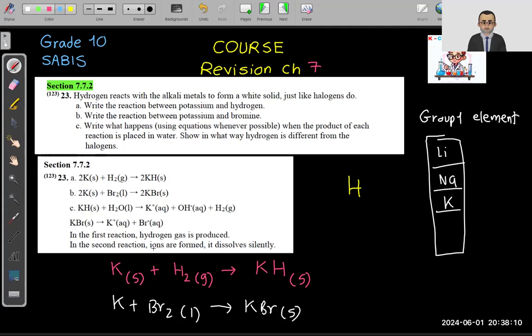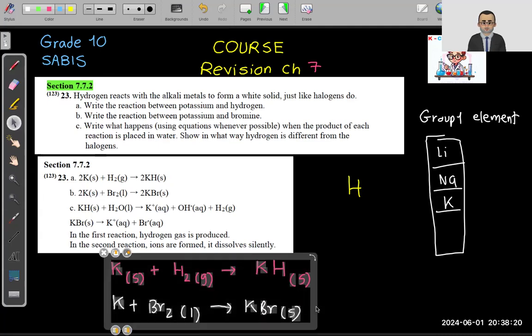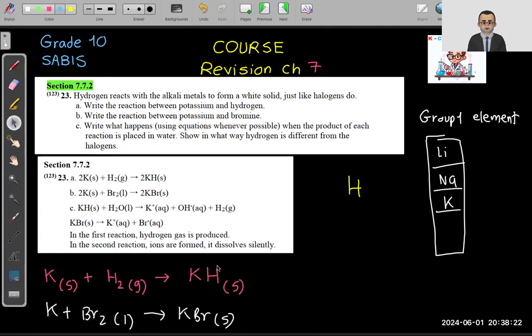Now, what if this KH that I have just formed reacted with water? This is what he is asking me, right? What happens when the product of each reaction is placed in water? The first reaction product is KH, and the second product is KBr. If you put KH, the second step, in water, which is liquid, and this is solid, it will form KOH and H2.